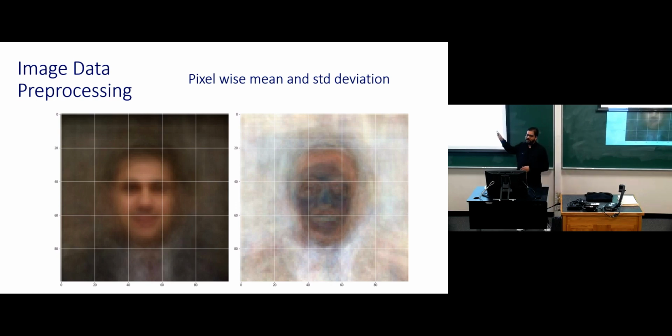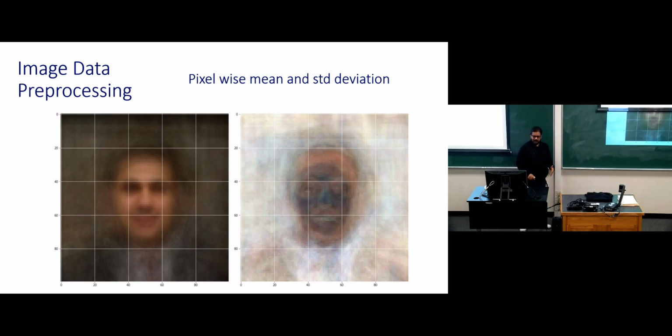So this is the average face which exists in my data set. On the right-hand side is the same calculation, but on standard deviation. The more white the pixel is, the higher the standard deviation value. And it's very interesting to see that most of the variance is in the background of the person and not near the face of the person, which is what you would expect in a data set.